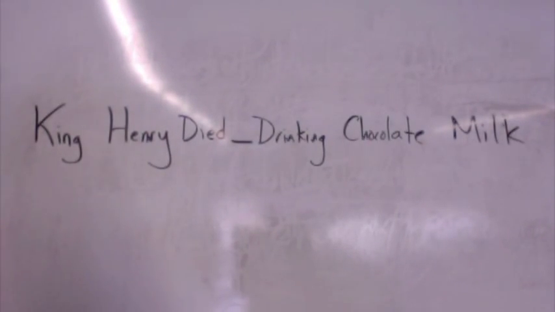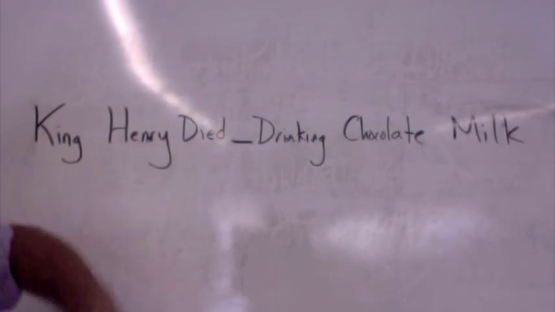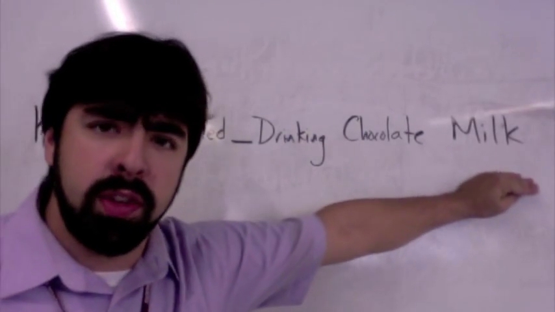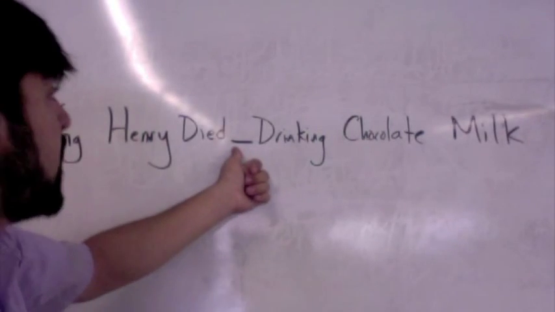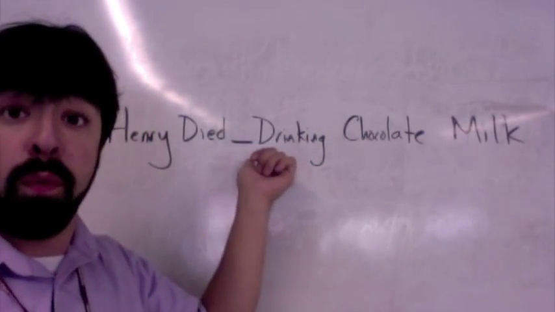So the sentence that I've created is, King Henry died drinking chocolate milk. That's so unfortunate. The gap in the middle is to represent the base unit by itself with no prefix.